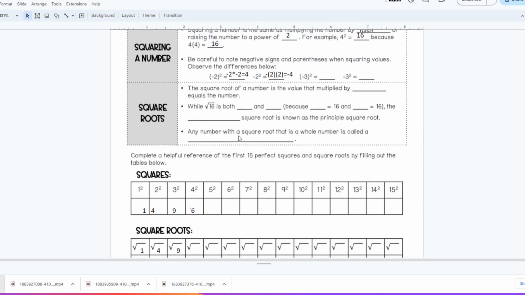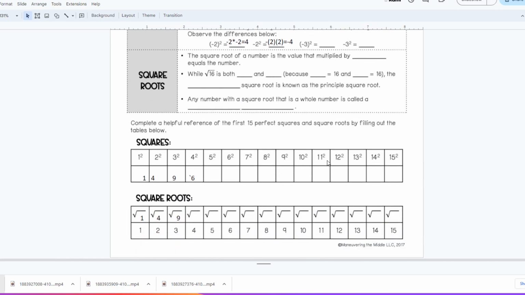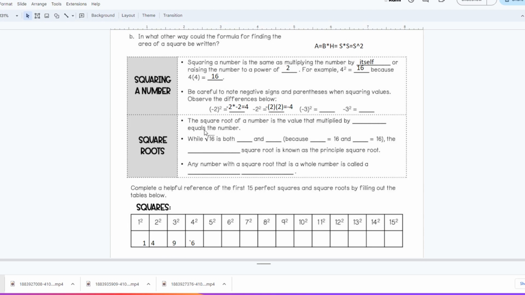Okay. So this chart is just helpful in getting a basic sense of square roots. So like I said, the square root of a number is the value that multiplied by itself equals that number.